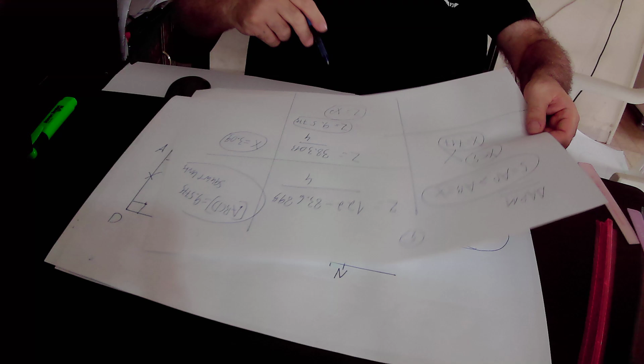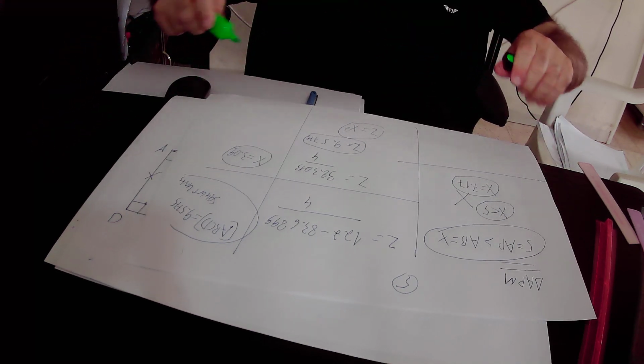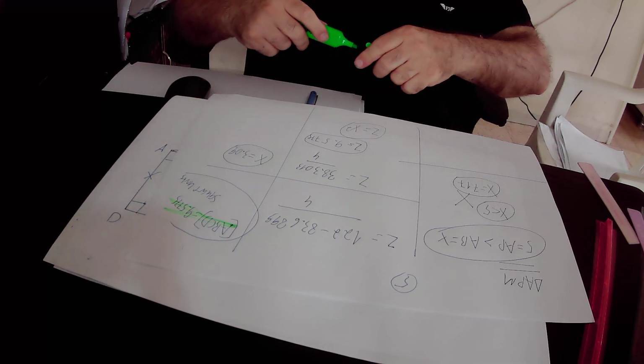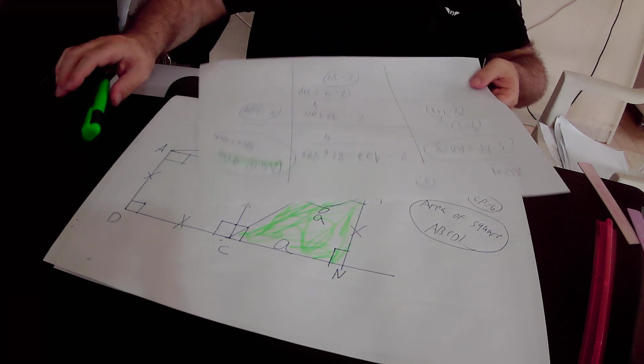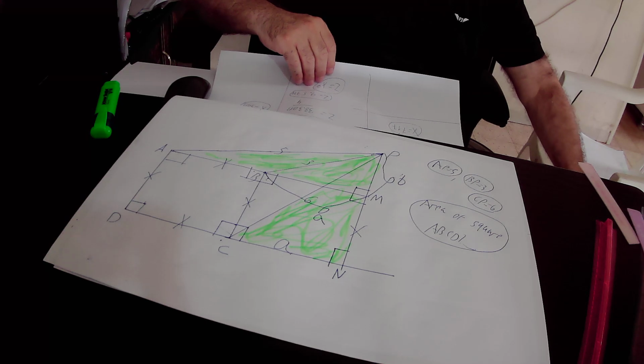Therefore, according to our solution, we found out that the area of square ABCD equals 9.5775 units. So we finished with the first question. In the next step, I will present to you the second question.